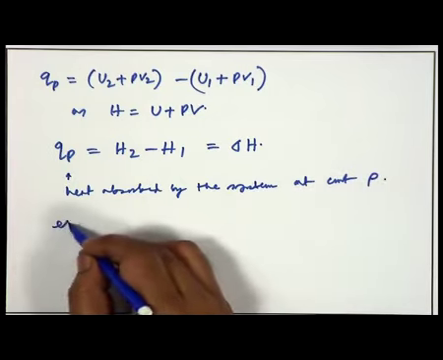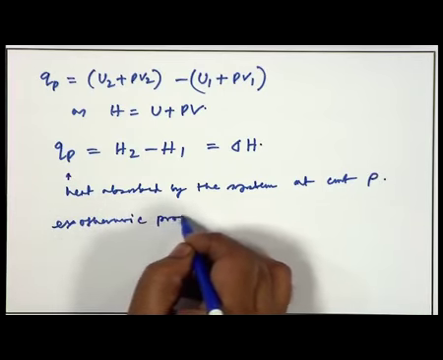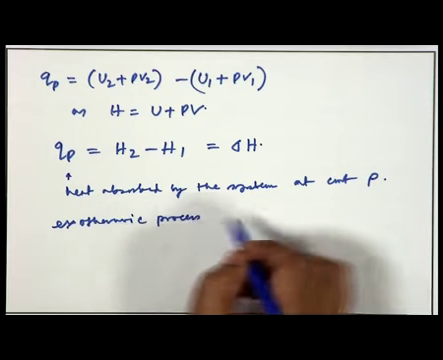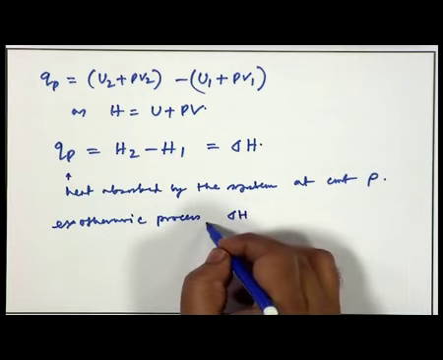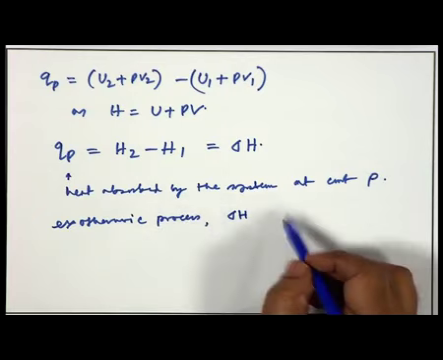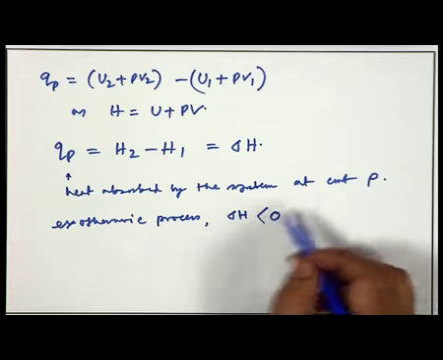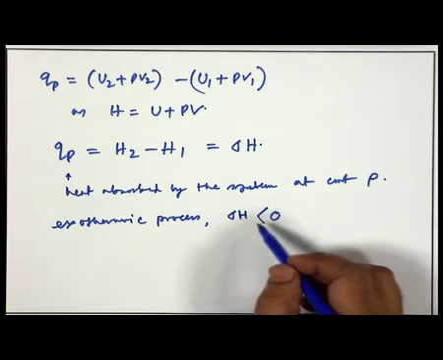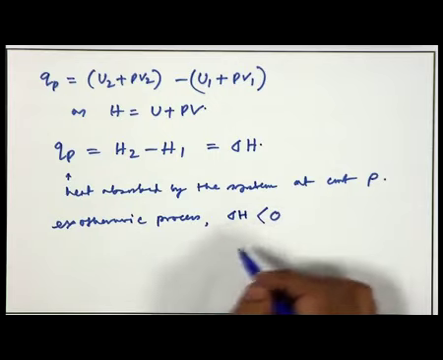For an exothermic process, heat gets evolved, so the system loses energy as heat goes out from the system to the surroundings.